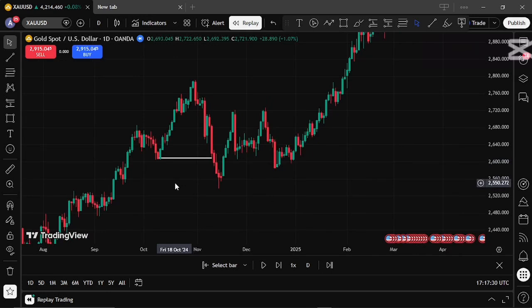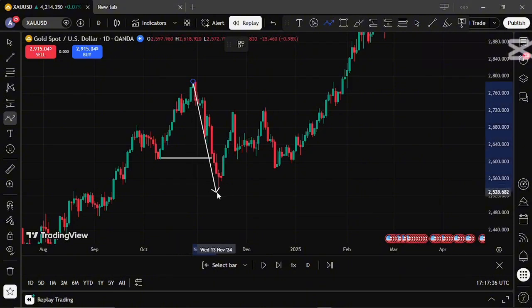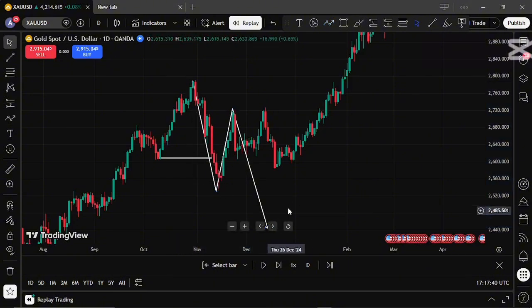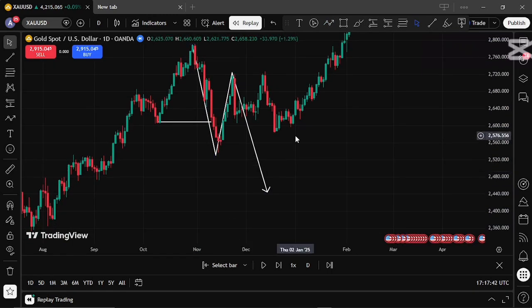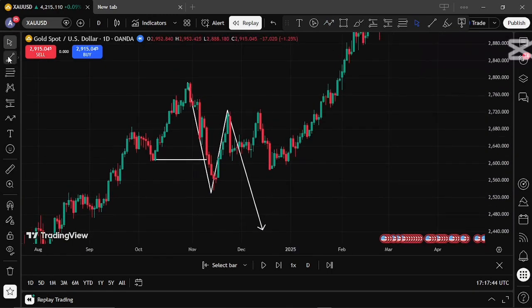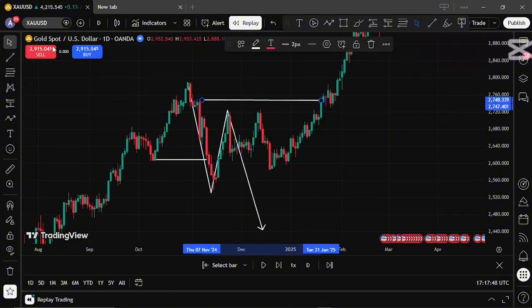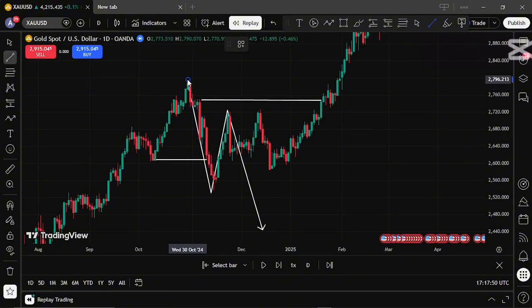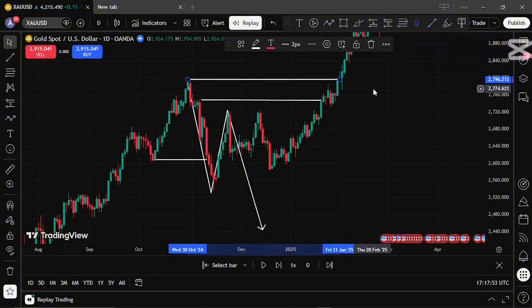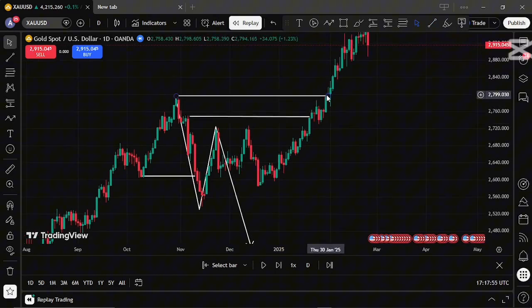They thought the market would just make a simple pullback like here, and then they go short, into a sell position. But that wasn't the case. We see that many got stopped out from here, others got stopped out from here. So there are reasons as to why they got stopped out.